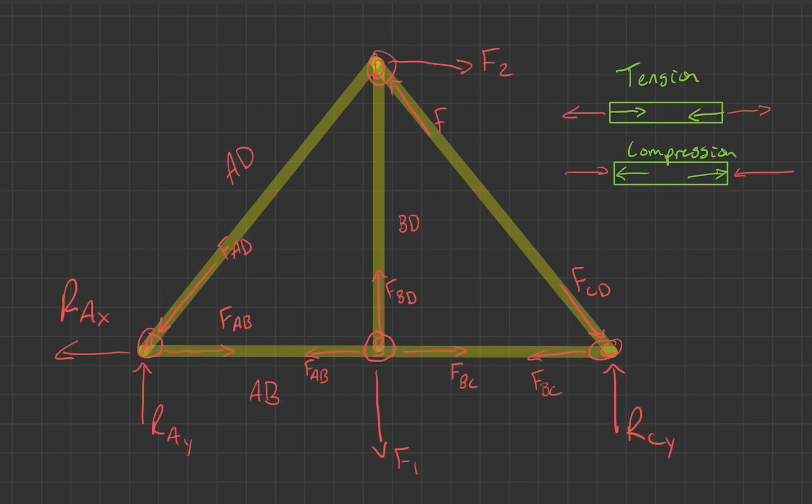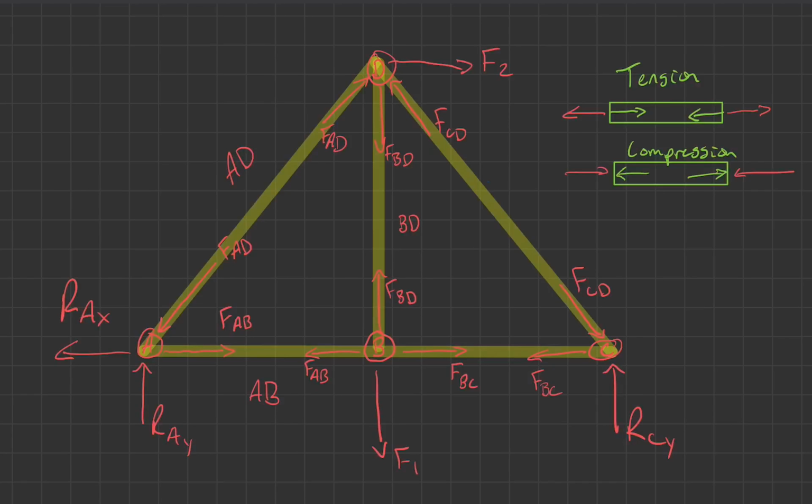That's also the force of CD. Member BD looks like it's in tension, so we can add an arrow going this way, force BD. And then member AD looks like we've already drawn that in compression, so we can add an arrow here for the force of AD.